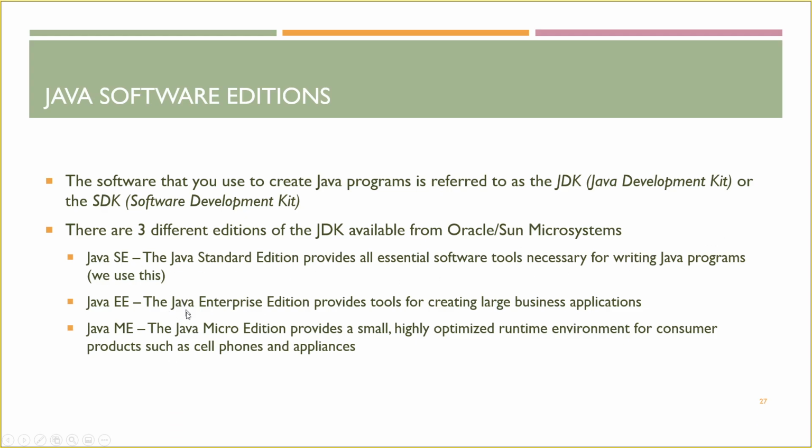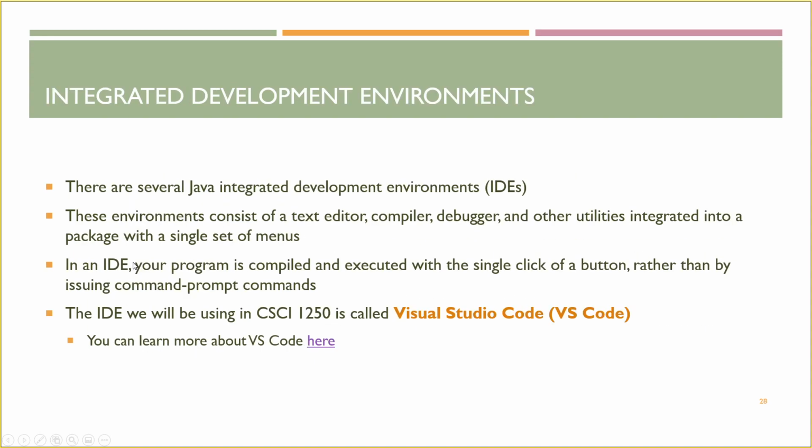The other 2 are for huge enterprise business applications and micro applications for things like appliances like smart fridges and your light bulbs, your smart bulbs, all that stuff. That would use the micro edition. But we're using the standard edition of the JDK.